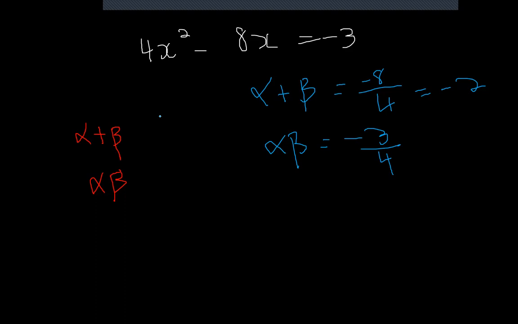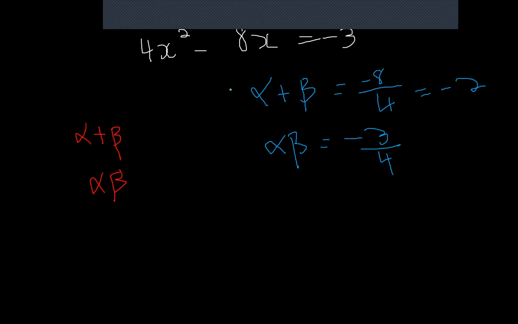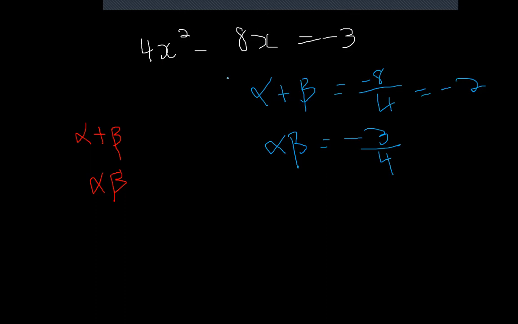Wait, who said that? The person who answered me? Okay, everybody here, tell me if you agree with this answer. Do you believe that the sum of the roots is negative 2 and alpha beta is negative 3 over 4? Yes or no?